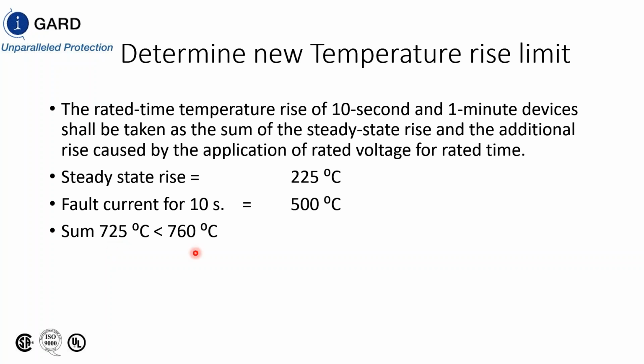You can use this element for that specific rating. There's no rule of thumb that says a 400 amp 10-second resistor can tolerate any percentage of continuous current. That's going to vary from manufacturer to manufacturer because we all have specific elements that we use.